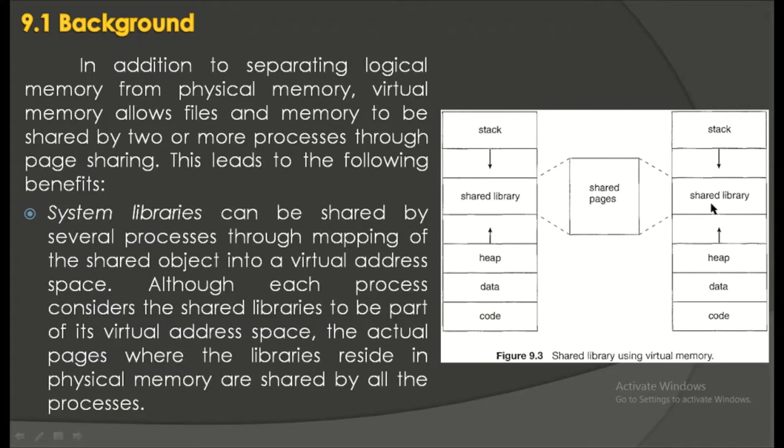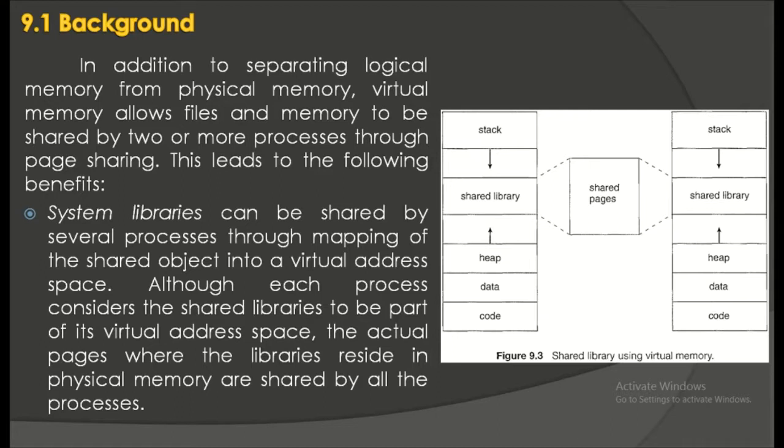In addition to separating logical memory from physical memory, virtual memory allows files and memory to be shared by two or more processes through page sharing. System libraries can be shared by several processes through mapping of the shared object into a virtual address space.